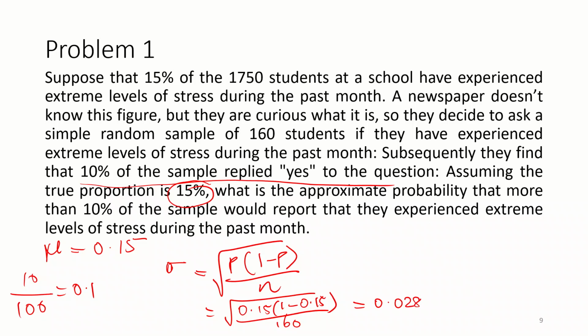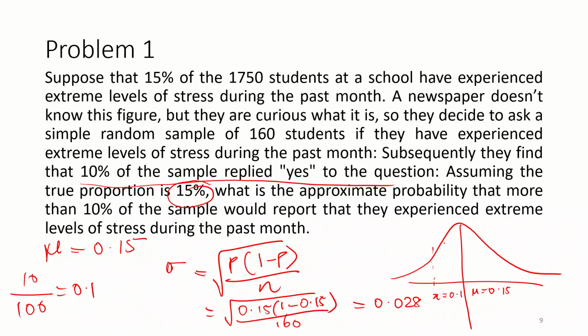Now the question is, we have a standard normal distribution curve with nu equal to 0.15, and somewhere here we have x, which is 0.1.